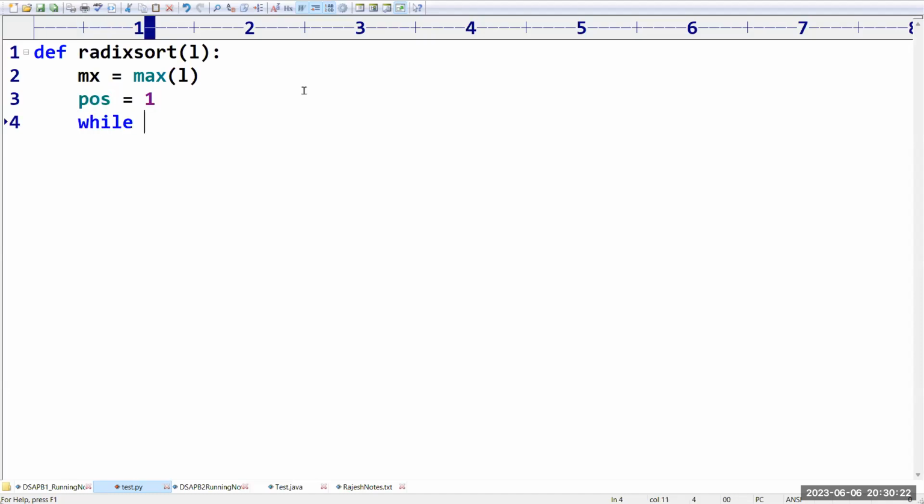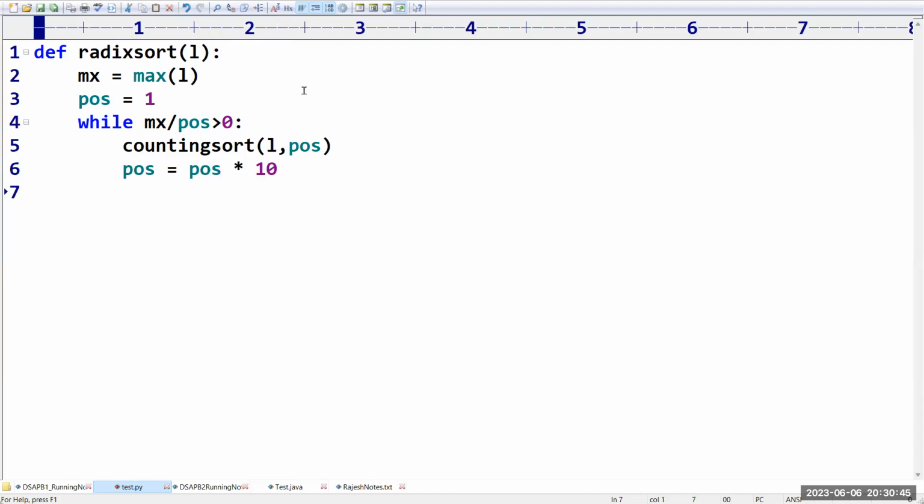While the maximum element divided by that position is greater than 0, we are checking. If it is greater than 0, I call the counting sort method by passing the list and the position. Then the position becomes position into 10. This process we are going to repeat.